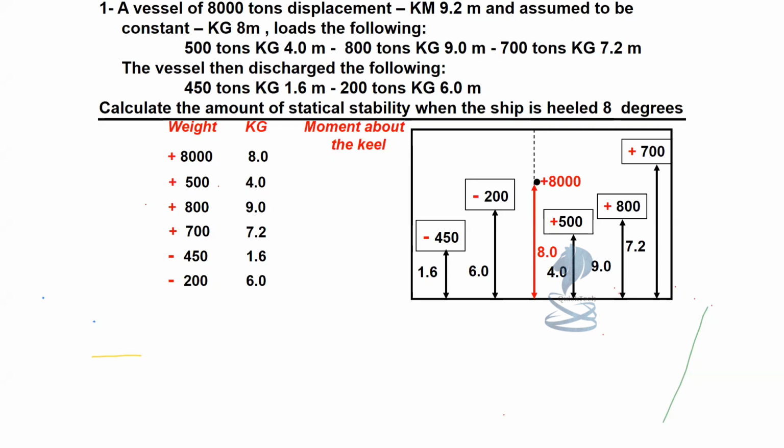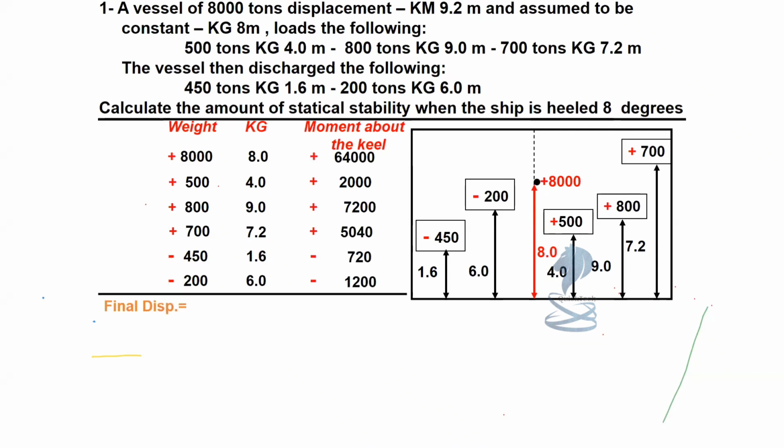Now let's calculate the moment about the keel for these weights as follows. The initial weight and the weights added will be with plus sign and the weight subtracted will be with minus sign to calculate final displacement. Similarly, for the moments about the keel, to calculate final moments.